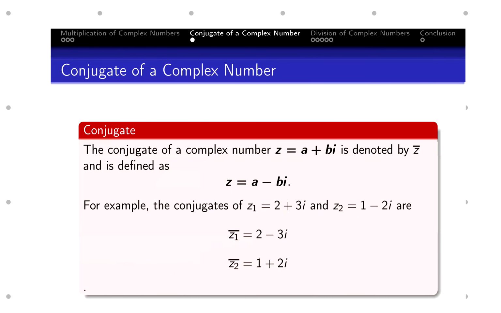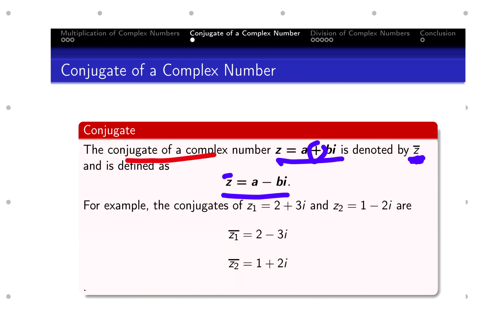The conjugate of a complex number z equals a plus bi is denoted by bar z, and that is defined as bar z equals a minus bi. To get the conjugate of a complex number, just change the sign in the center, and you automatically get the conjugate.